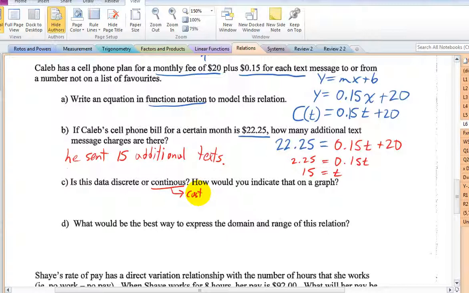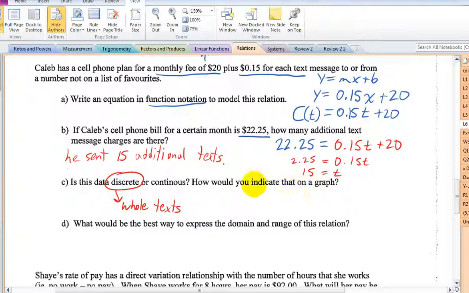What would your phone show? You can't. You got to send the whole thing, right? You might not have typed it all, but it still sent the complete message. So it's discrete because it's whole texts. Right? I'm sure you'd have your phone replaced.